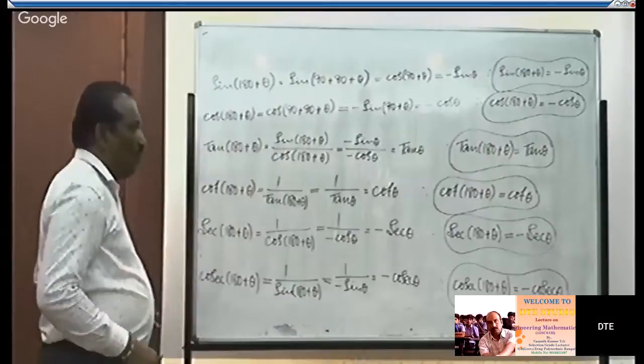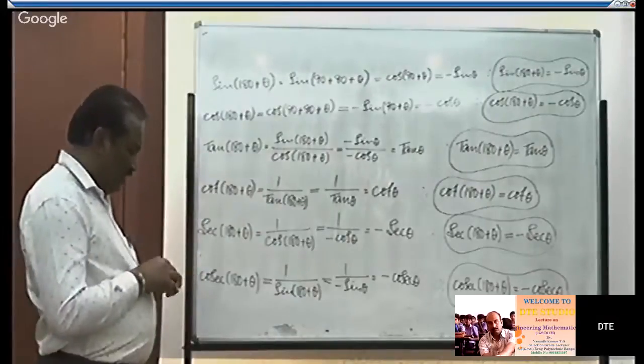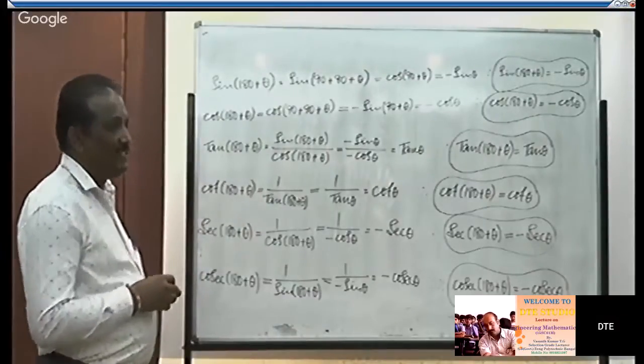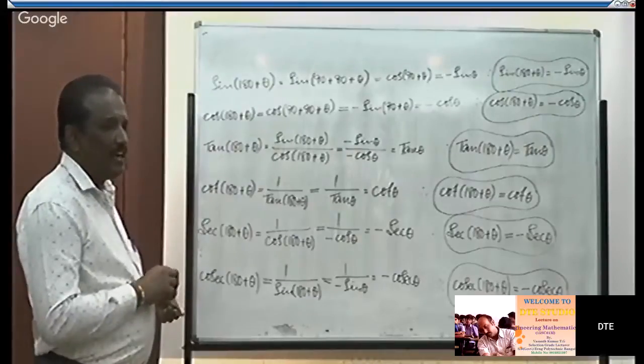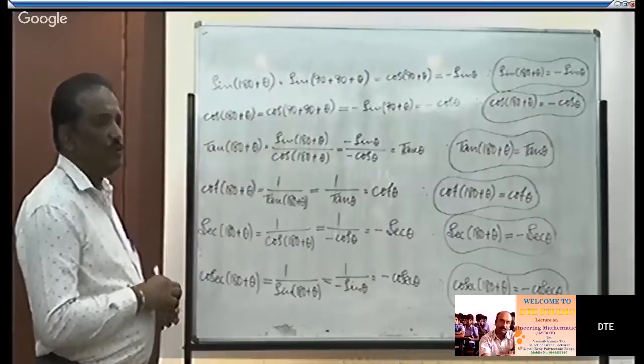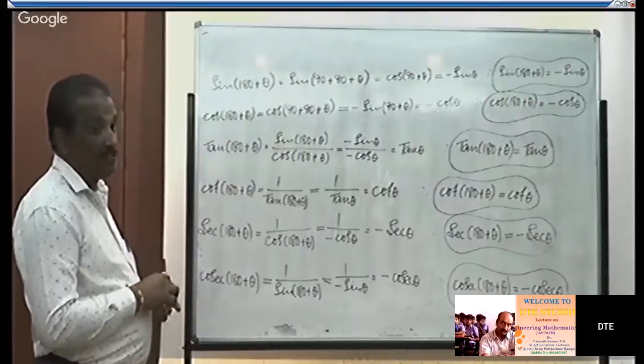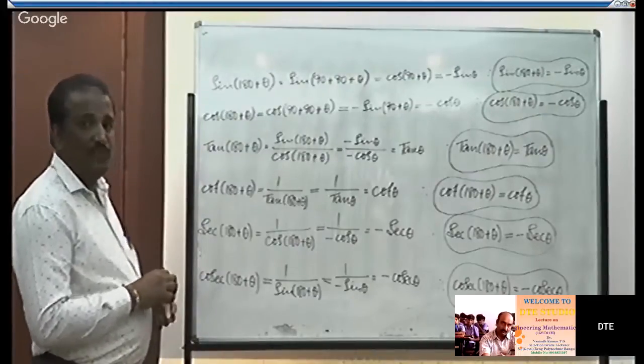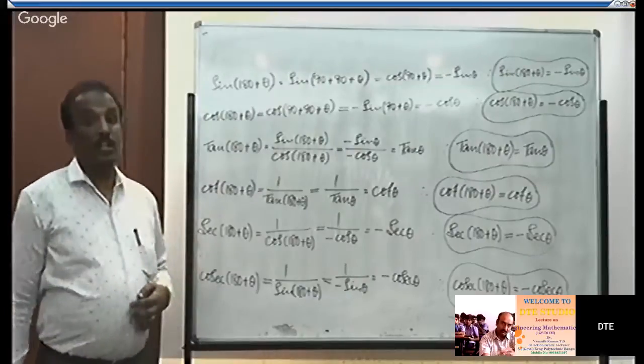This is how the 6 trigonometric functions result on the right hand side when they are connected to 180 plus theta. Once again, you can check the result using the ASTC rule of signs. 180 plus theta definitely comes under the third quadrant.